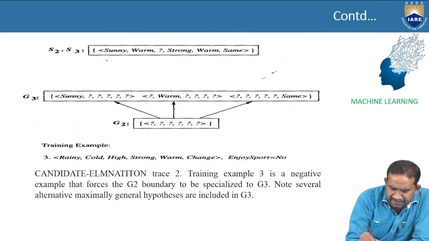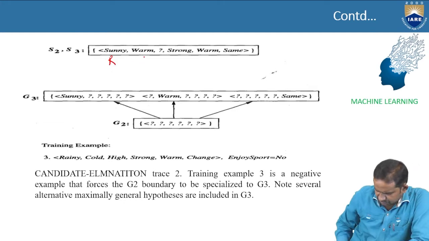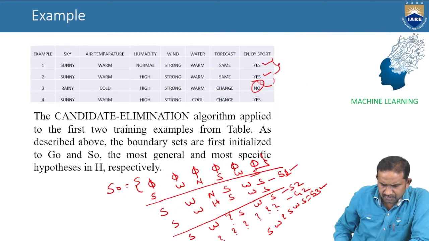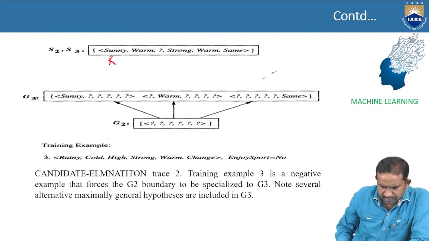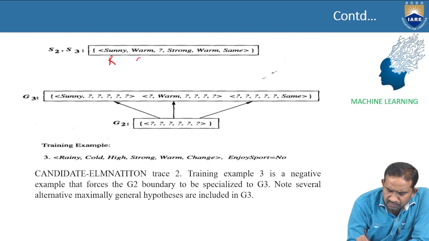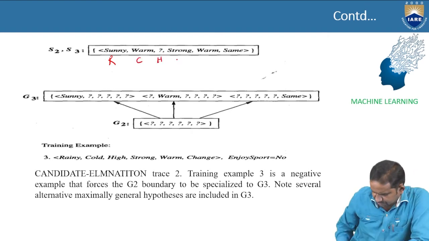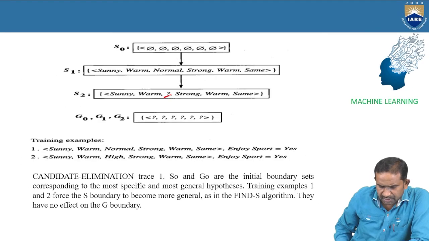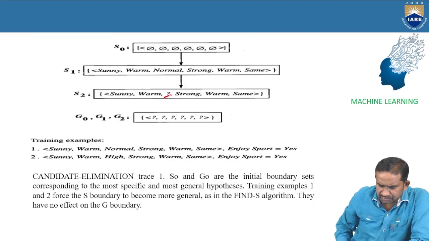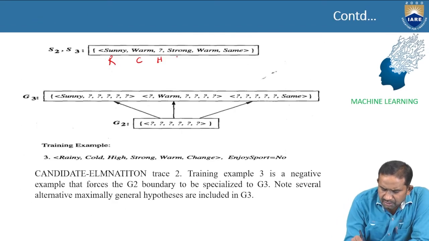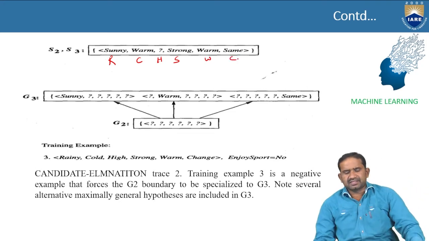The first parameter is rainy, the next is cold, then a question mark compared with high, then strong, warm, change. We can compare with this.